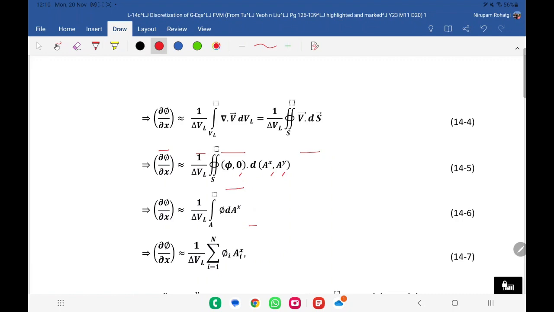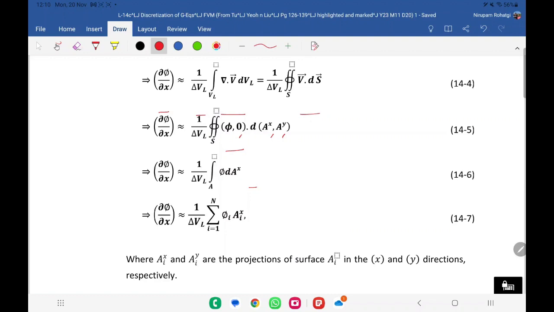So this thing goes away, the second term goes away. Now this integral is nothing but this. You are converting the integral into a summation. Here the approximation is entering. Your integral is becoming summation.